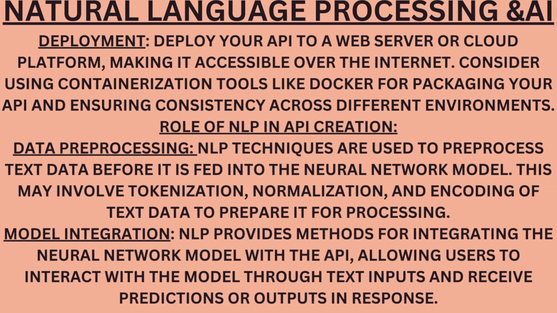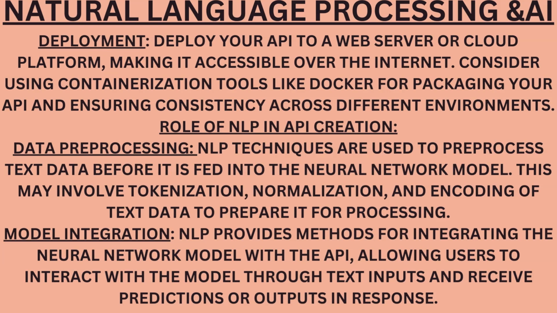Role of NLP in API creation. Data pre-processing. Natural language processing techniques are used to pre-process text data before it is fed into the neural network model. This may involve tokenization, normalization, and encoding of text data to prepare it for processing. Model integration.